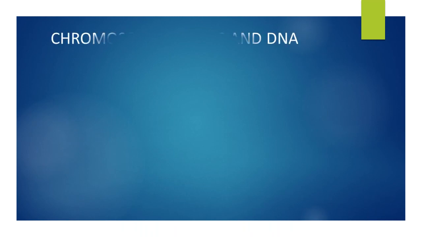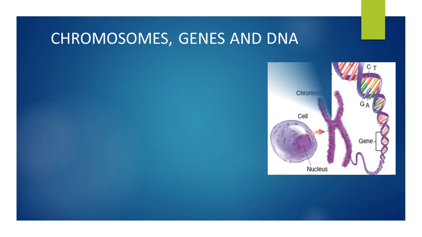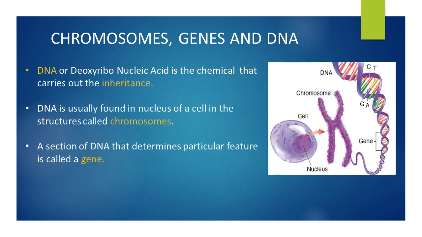Then, chromosomes, genes and DNA. What do you mean by DNA? DNA means deoxyribonucleic acid. It is the chemical that carries the inheritance.